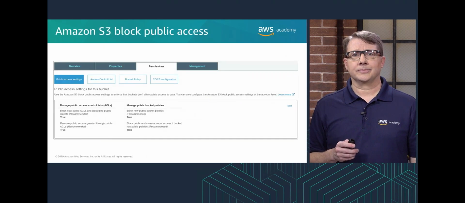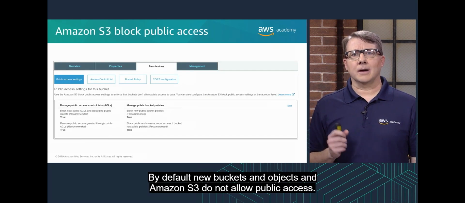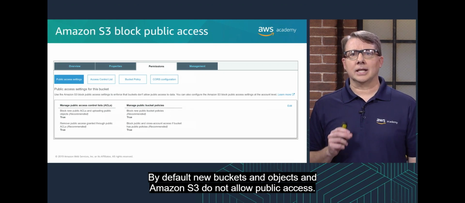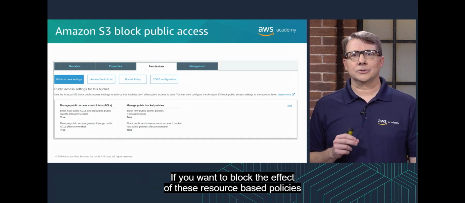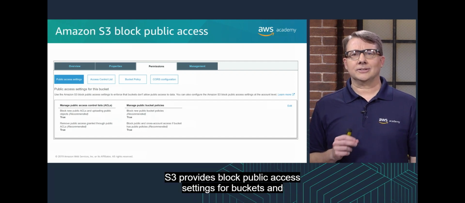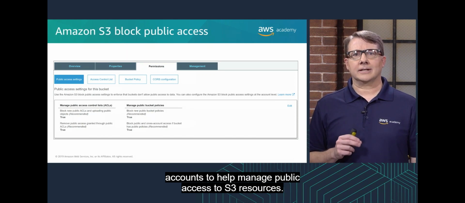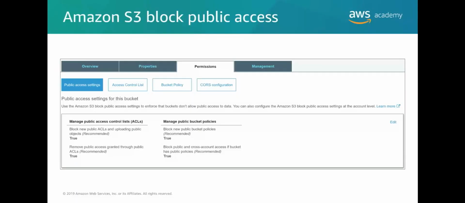By default, new buckets and objects in Amazon S3 do not allow public access. However, users can modify bucket policies or object permissions to allow it. If you want to block the effect of these resource-based policies, S3 provides block public access settings for buckets and accounts to help manage public access to S3 resources.